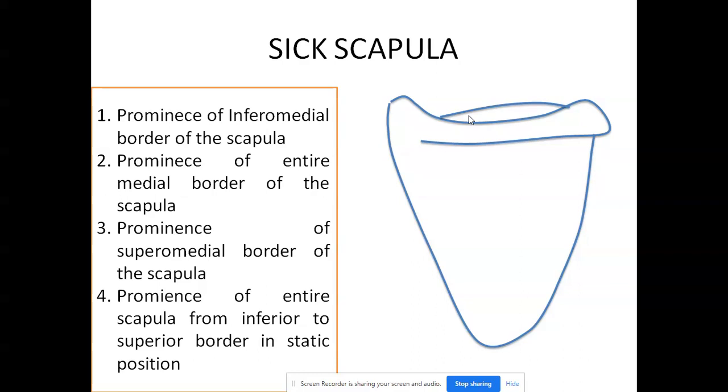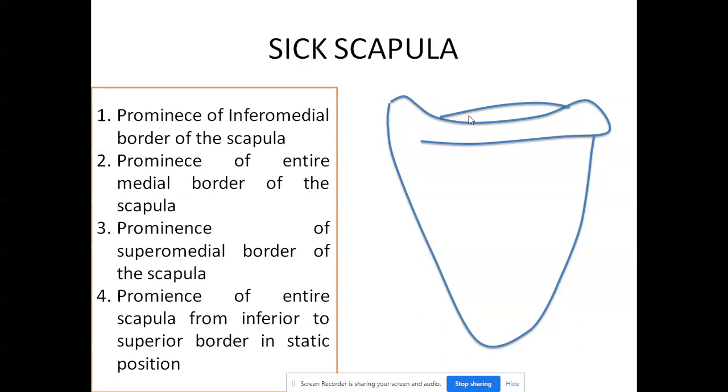Every letter in the word SICK has a meaning. S stands for scapular malposition. I stands for inferomedial border prominence, that is inferior and medial border of the scapula being prominent. C stands for coracoid pain and K stands for dyskinesis of scapular movement.